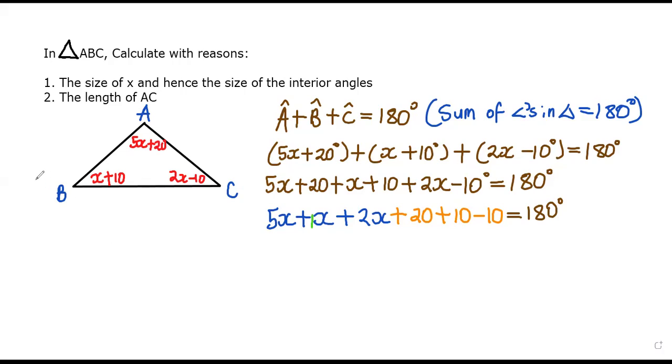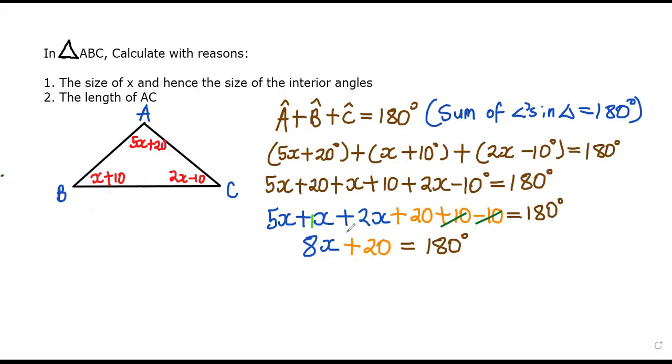So here we're going to be having 8x. And then one thing that we're going to do here, we're going to have plus 20 degrees because the two, they're going to cancel out these ones. So positive 10 and negative 10, they're canceling out. And then what are we having? We're going to have equal to 180 degrees.